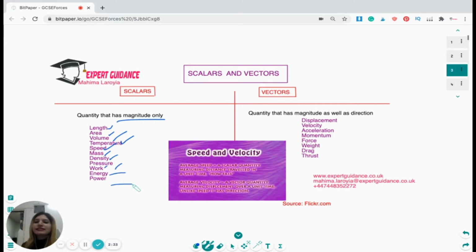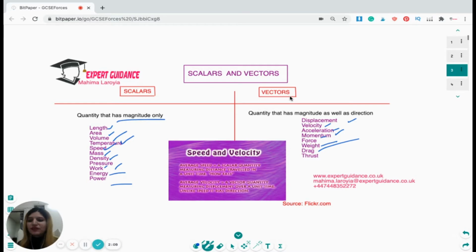All these are scalar quantities. The vector quantities are displacement, velocity, acceleration, momentum, force, weight, drag, and thrust.